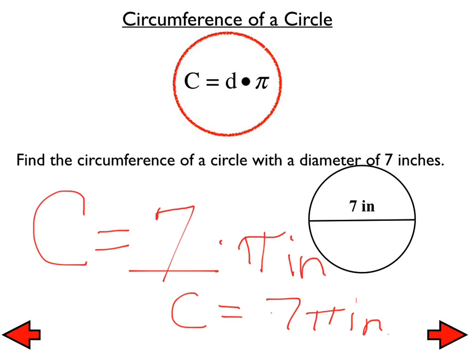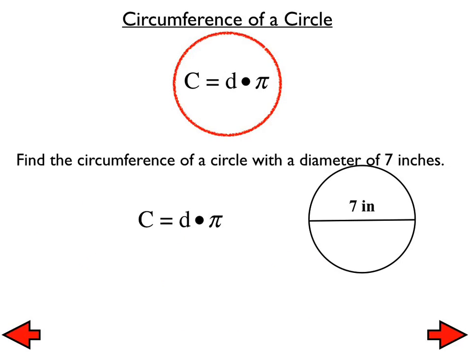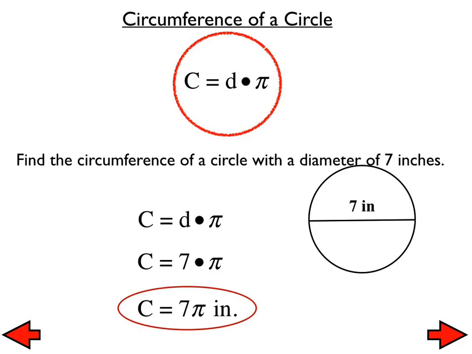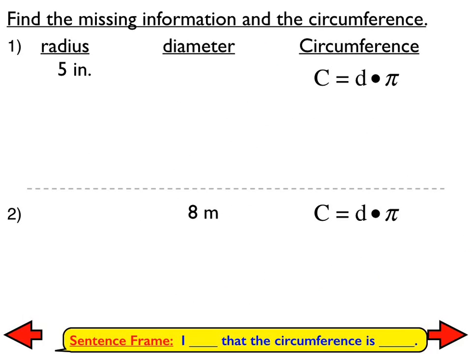And the units should always go at the very end, just like they do with rectangles and parallelograms and triangles and trapezoids. So the circumference is 7 pi inches. How do you find the circumference? It's the diameter times pi. The diameter times pi.